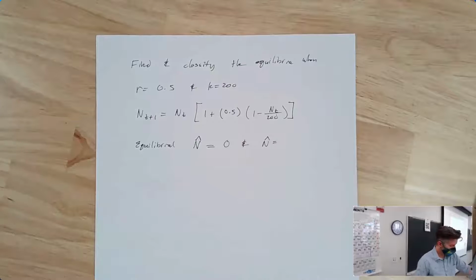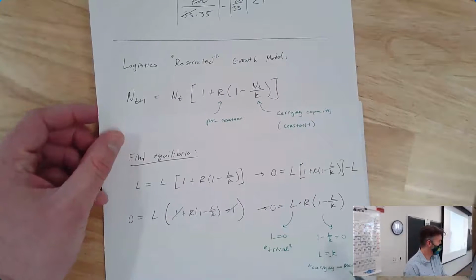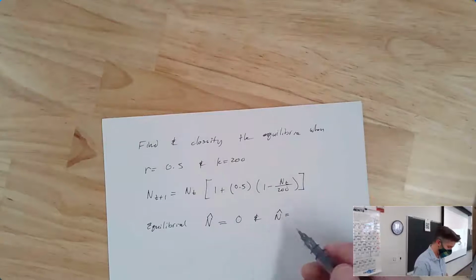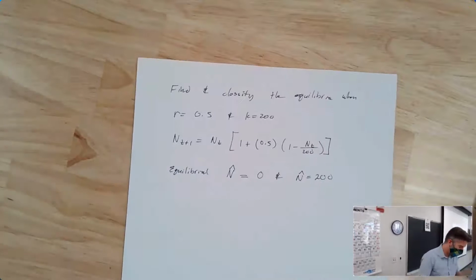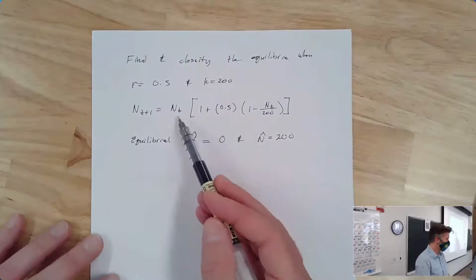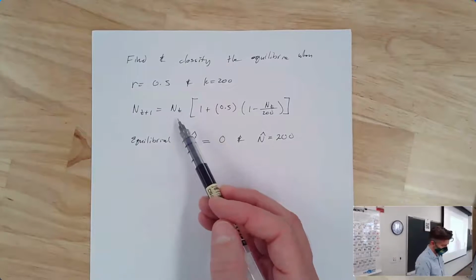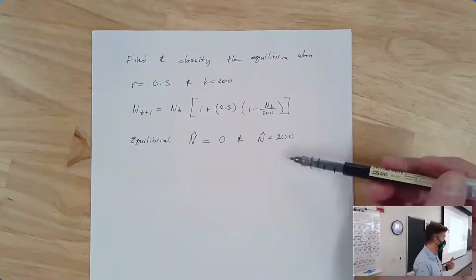Well, look back here. We said the equilibria were either 0 or k. So the other equilibrium is just n hat equal to 200. And if you really want, you can do a quick check. If I plug in 0, do I get back 0? Well, of course I do. The more interesting question is if I plug in 200, do I get back 200?